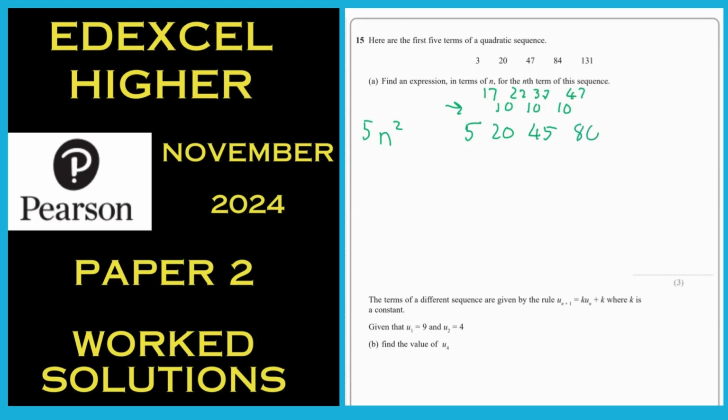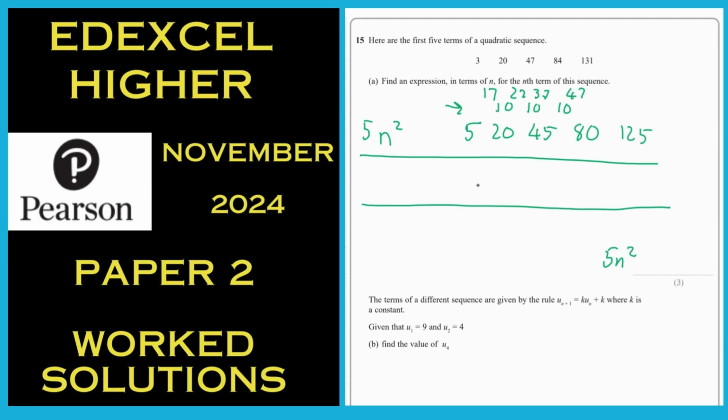45, 80. Now what do we do? We need to have a little reset. We know that 5n squared is in our answer. What do we need to look at?